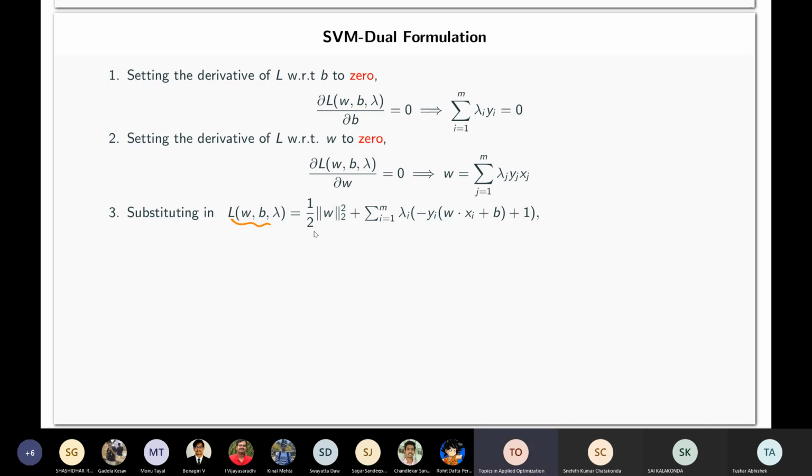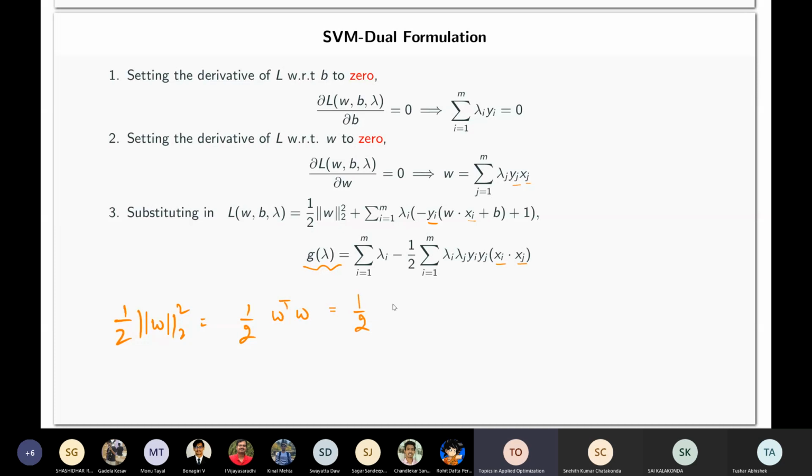And what would be the norm of w then? And we also see a half here, right? So half of norm of w squared, right? So this is half of w transpose w. So what will happen if we do this?